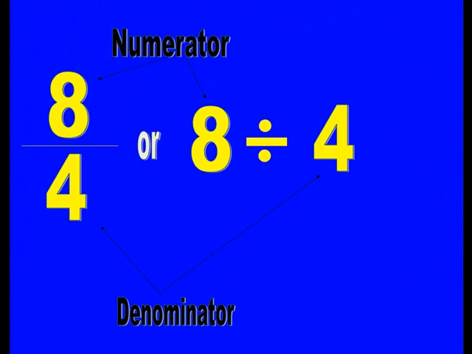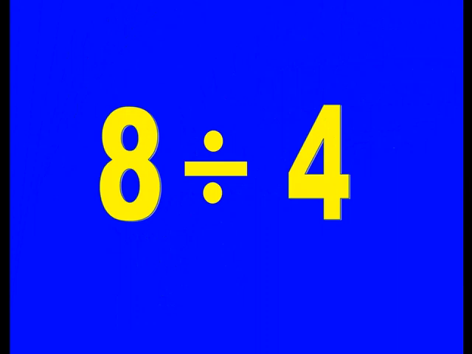The numerator is the first number, or the one above, which is to be divided, while the denominator is the second number, or the one under, which is the one dividing. For example, 8 divided by 4 means that 8 is being divided by 4.